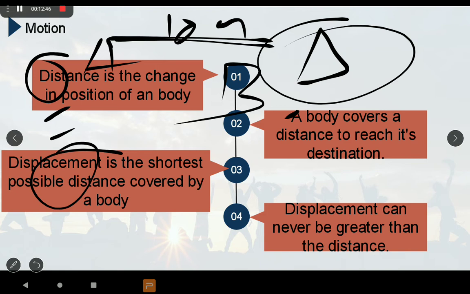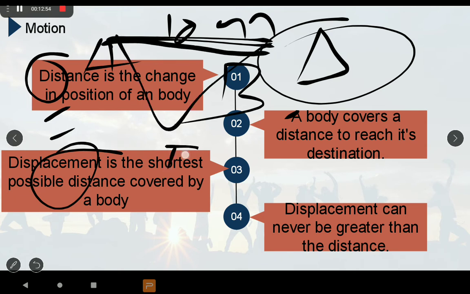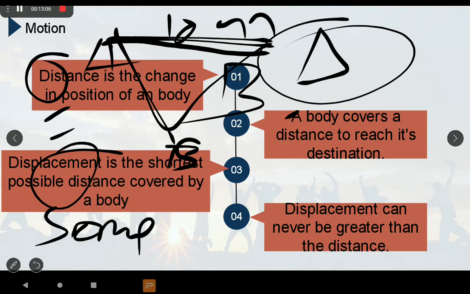But it can be easy if we think of it another way. If it was a triangle and he had to reach B here, say C here, you would say directly A to C, right? Which is shorter. So sometimes distance and displacement can be equal.